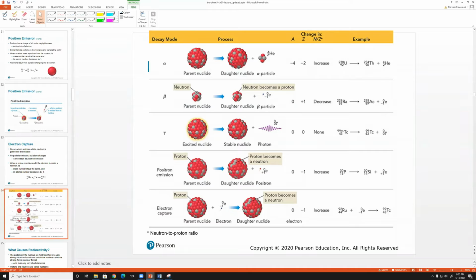In terms of what you need to know for exams, I would say memorize the symbols for all of the radioactive particles and just know how to use them in equations. If you see, let's say, phosphorus 30 goes through positron emission, write the equation. You should be able to do that. Because, okay, quick, what's phosphorus 30?